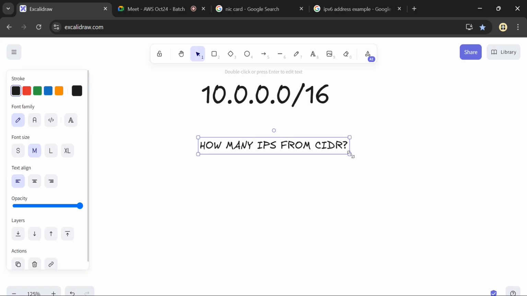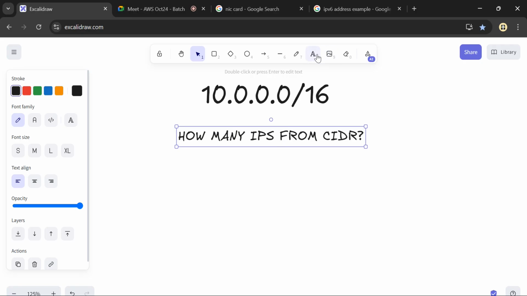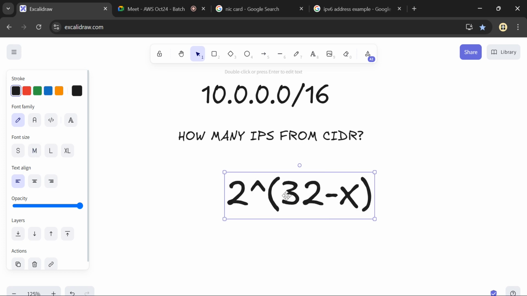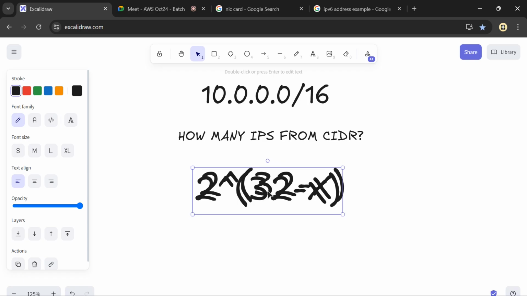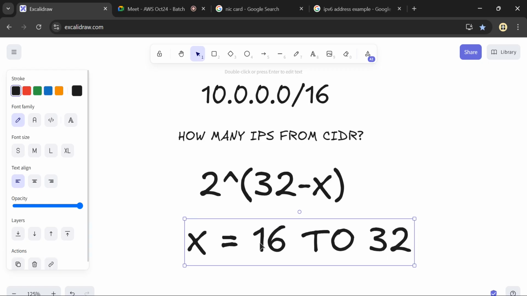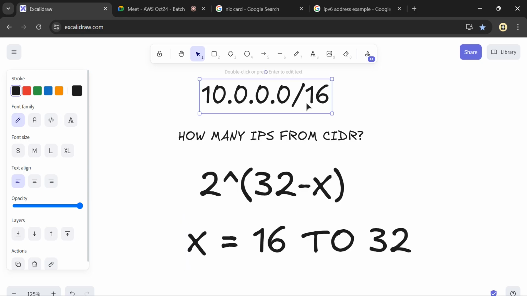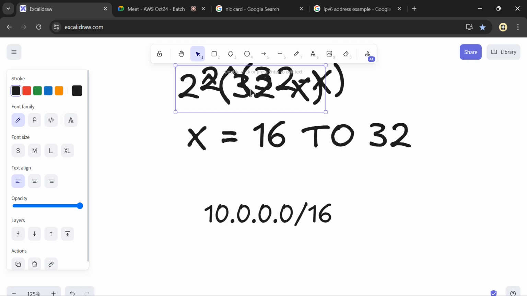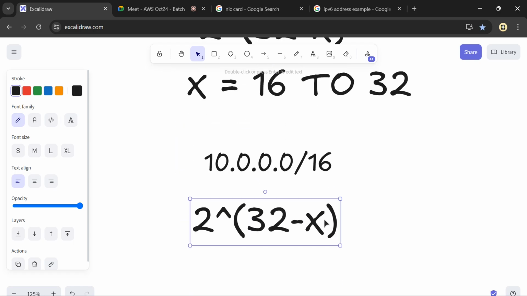There is a simple formula: 2 to the power of 32 minus x. Here x is the CIDR block. x can be anything from 16 to 32. Now in our example, it is 16. So let's use this formula, 2 to the power 32 minus x. What is x?